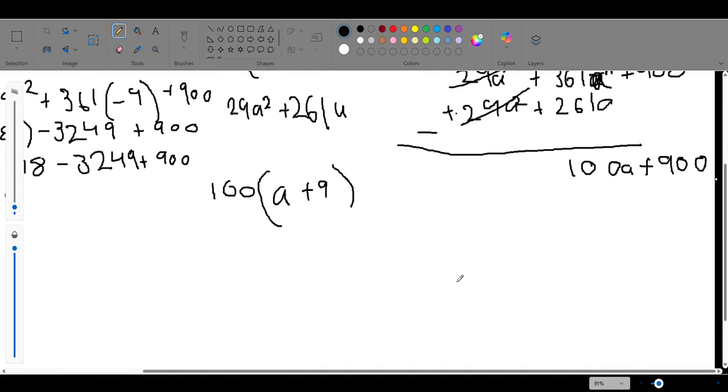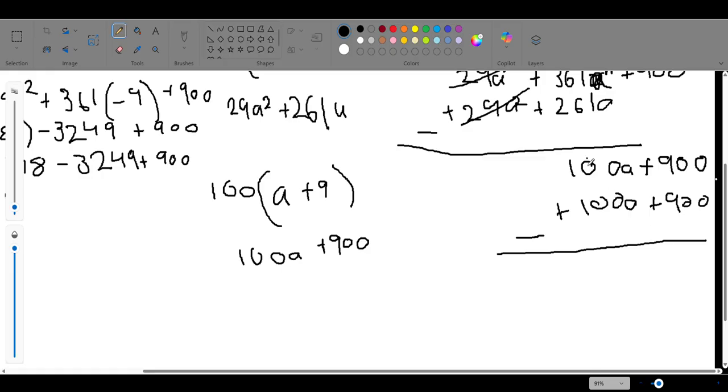Okay, what times a gives you 100a? The answer would be 100. And then this gives you 100a plus 900. So plus 100a plus 900, and then minus overtakes it all.